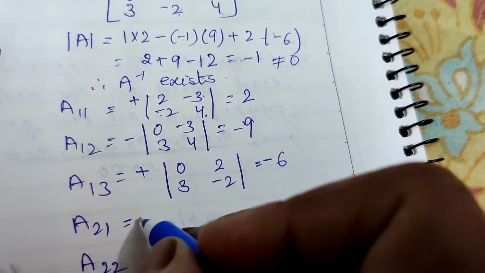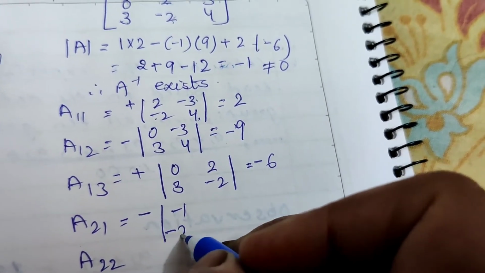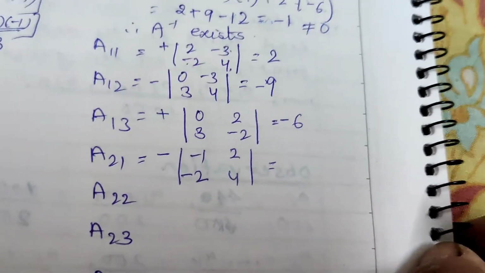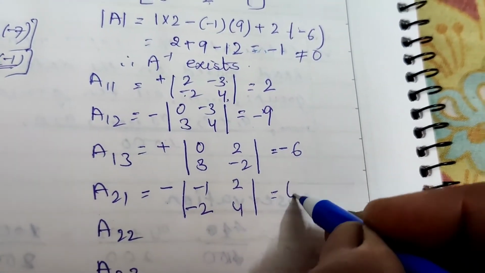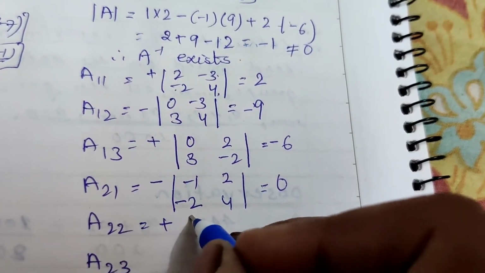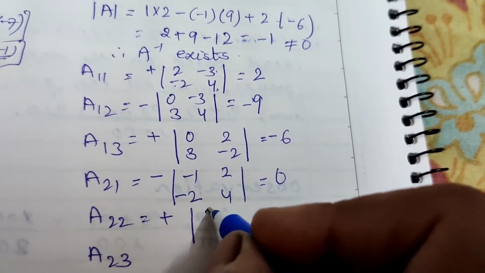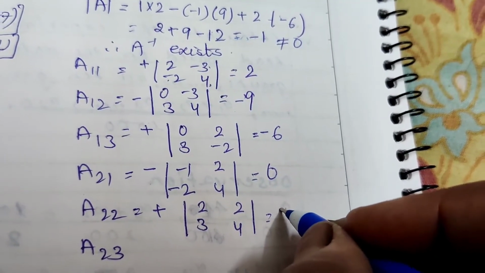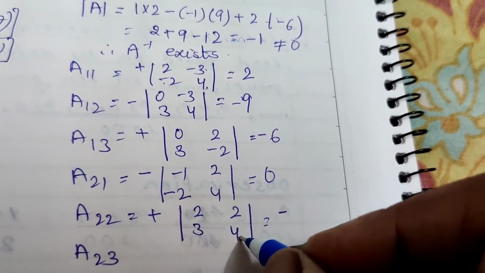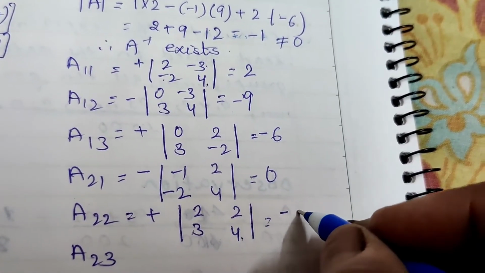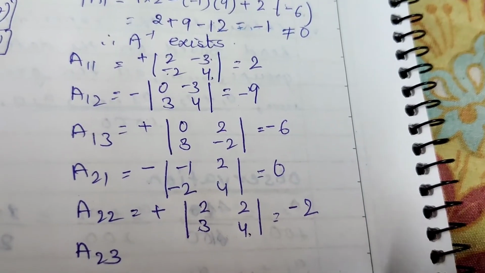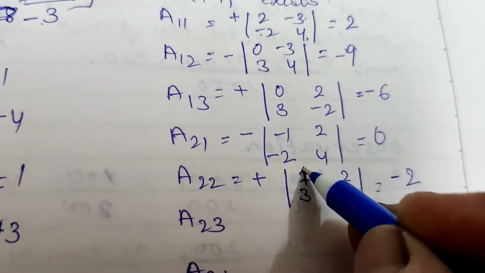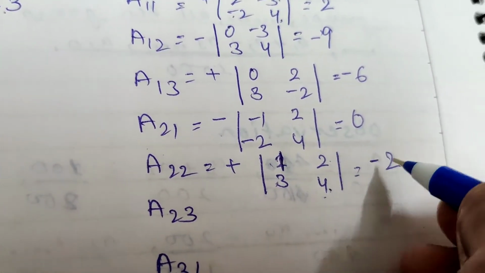A21: minus 1 minus 2 and 2 4. It is minus 4, minus plus 4. It is 0. A22: plus 2 3 2 4. It is 8 minus 6. It is 2. Sorry, 1 2 3 4. 4 minus 6. It is minus 2.